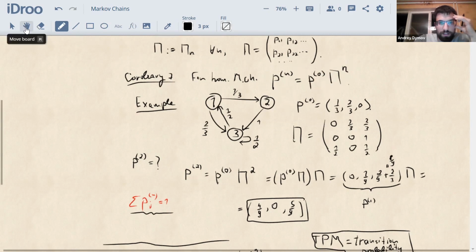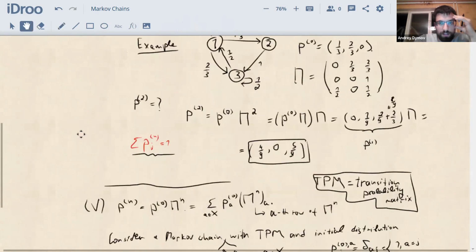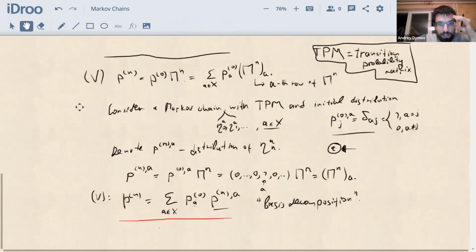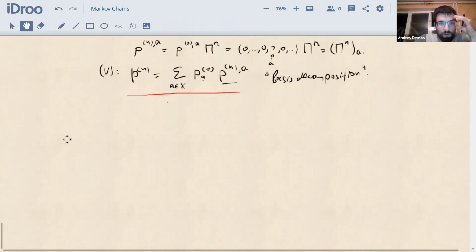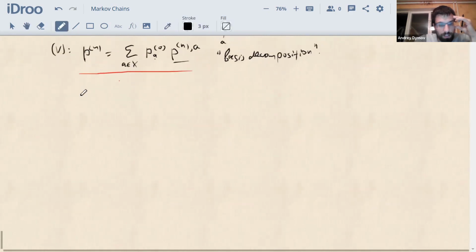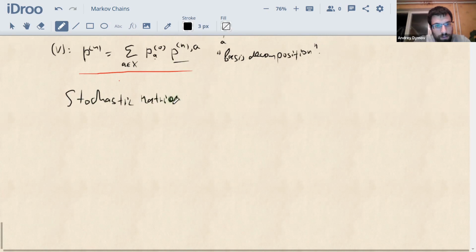Let us discuss in this context matrices of such form. These matrices are called stochastic matrices. Now let me give an accurate definition. Definition.